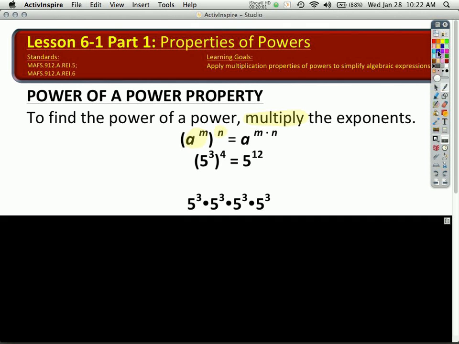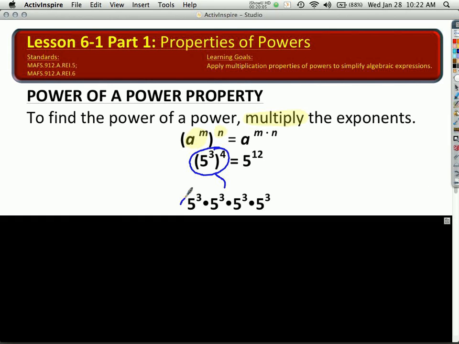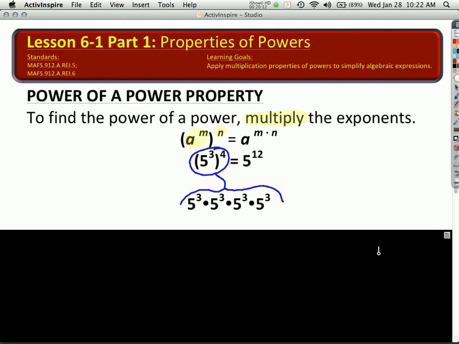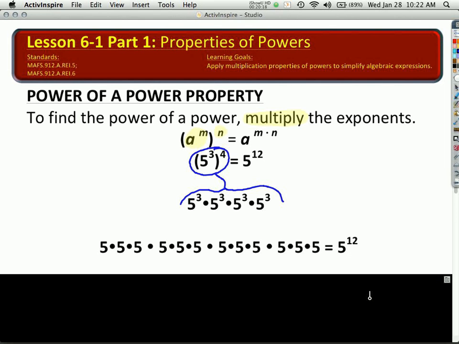So this can be written like this. Now we do something that we just did. This 5 to the third power is right there.